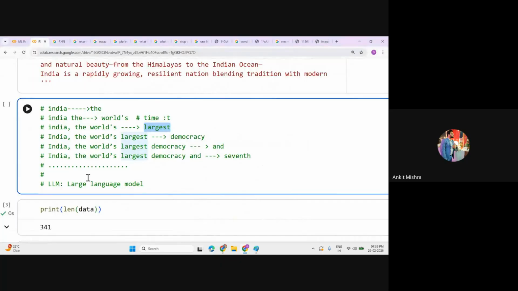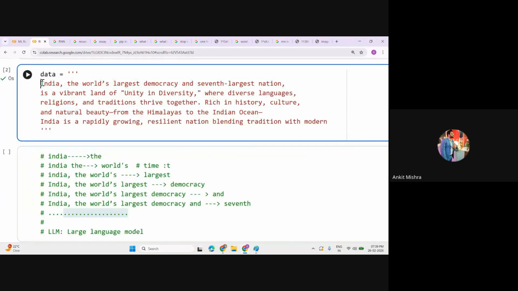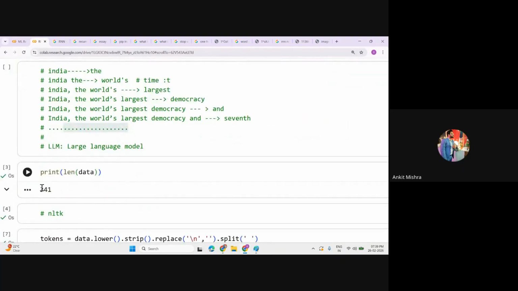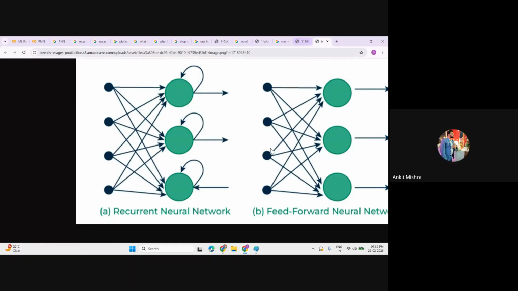Now just look at this. In the same way, you can reiterate the method multiple times again and again. So it's one iteration, two iterations, three iterations, four iterations, and whatever the length of the data set, we have to train that model that many times with different timestamps, and that makes this a recurrent neural network.